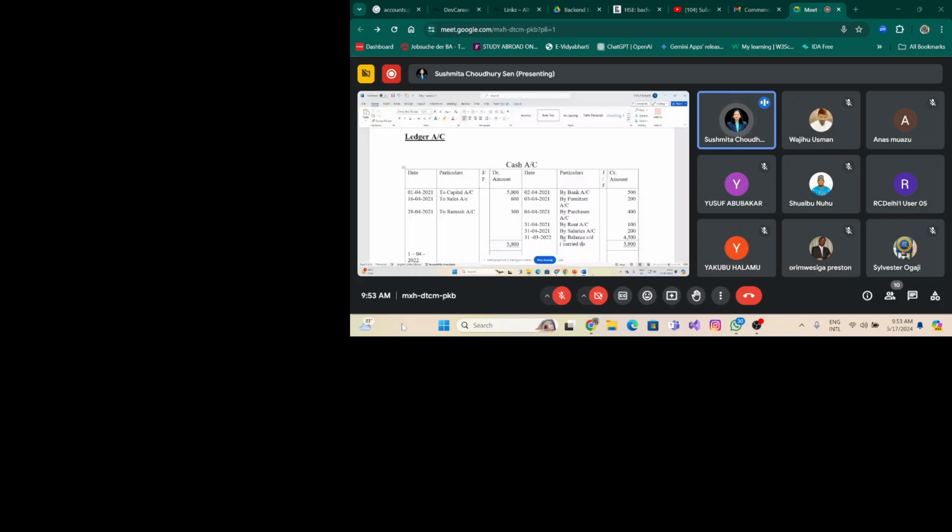So while we are starting the next financial year, this is the balance amount which will be available with the organization. I am writing here balance b/d, brought down.